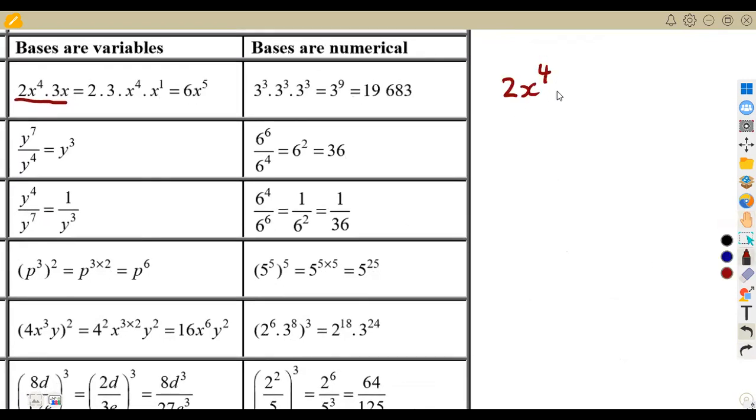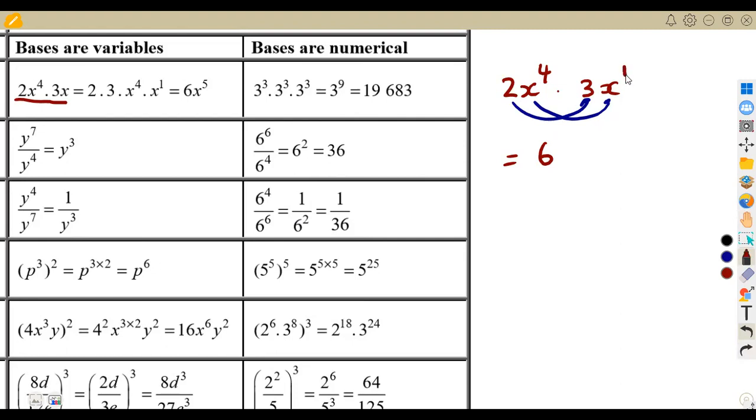2x to the exponent of 4 being multiplied by 3x. This is what you're going to do. You are going to consider the numbers separately. You multiply the numbers separately, so 2 multiplied by 3 gives you 6. Then you multiply the x and the x separately. So we are multiplying x to the exponent of 4 by x.